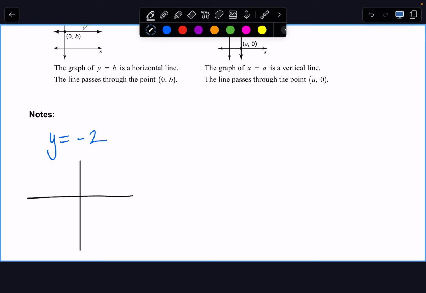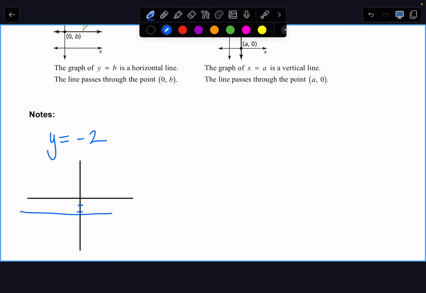I want you to draw an x and y axis. Here's y equals negative 2.